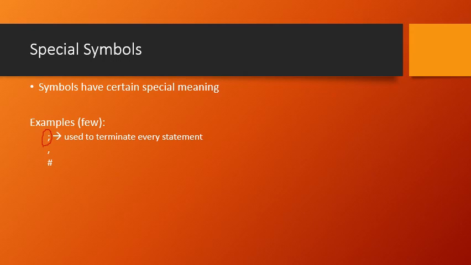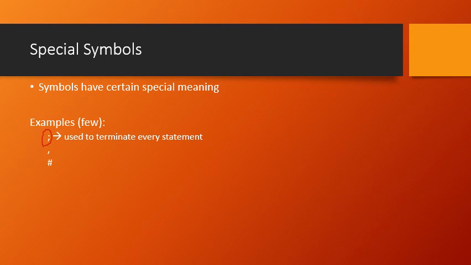Comma is used if I want to write several symbols which might have the same kind of names. For example, variables. We will learn what variables are. If I want to define many variables, then each of the variables should be separated by a comma. We will learn in detail once we make use of them. As of now, just go ahead with the one example here.